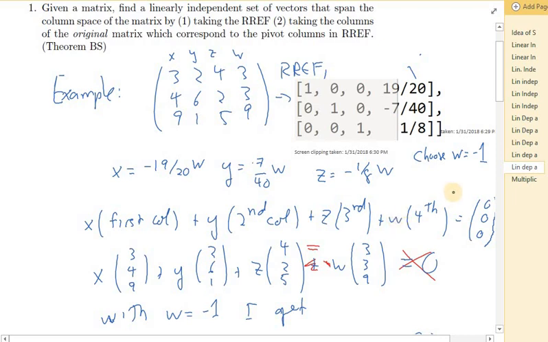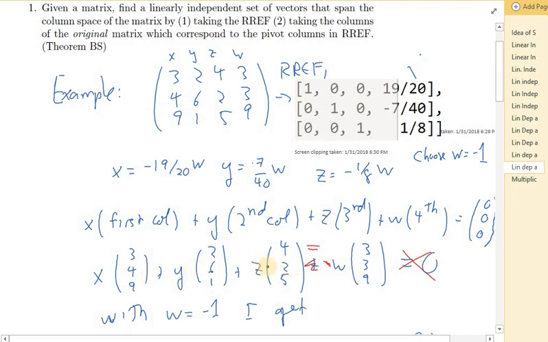I can pull that over to the other side and get a plus 1. So that tells me that x times 349 plus y times 261 plus z times 42 is equal to minus w times 339. With w equal minus 1, I have a 1 here, and that's going to give me 339 as a linear combination of the other columns.